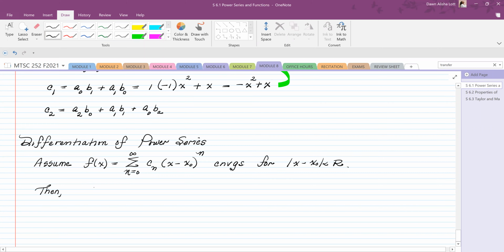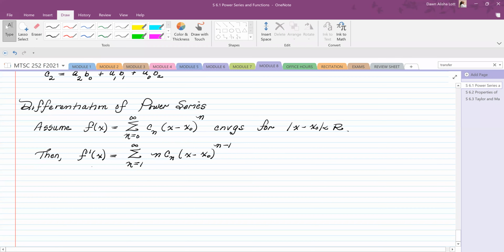So f prime of x is equal to the sum n equals 1 to infinity of n c n x minus x naught to the n minus 1. f double prime is the sum n equals 2 to infinity of n times n minus 1 x minus x naught to the n minus 2, etc.